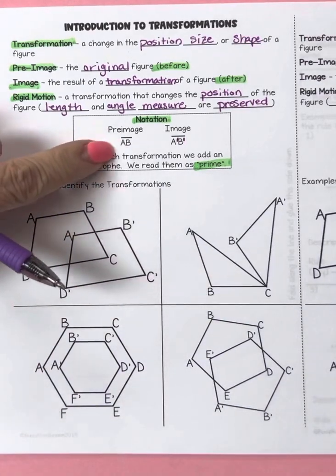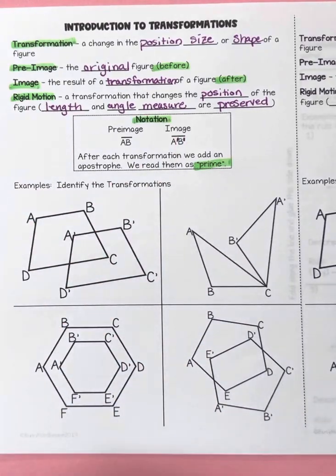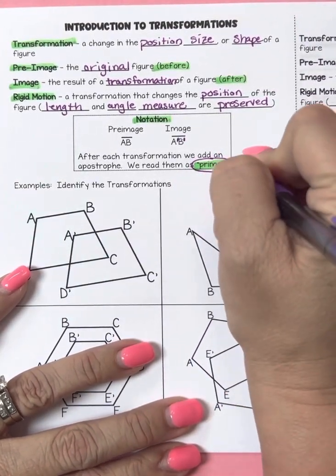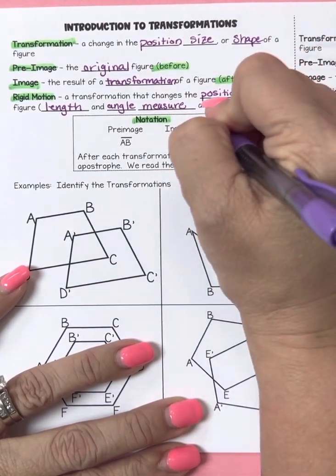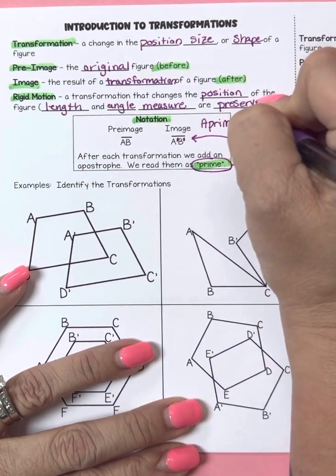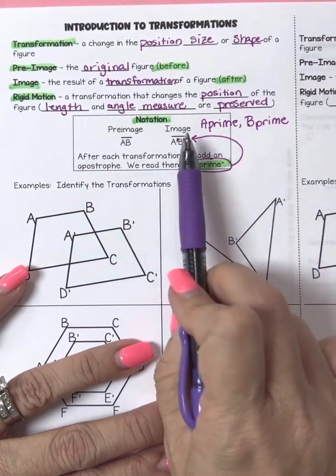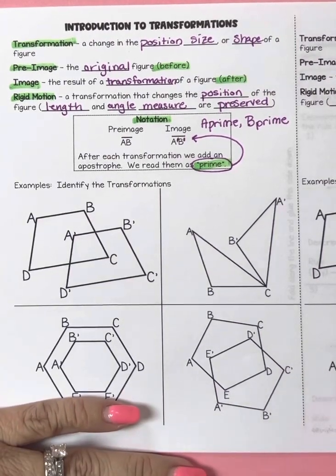So we would call the pre-image segment AB. We would call the image segment A prime, B prime. So this word prime refers to this image here. That's how we would read that. A prime, B prime.